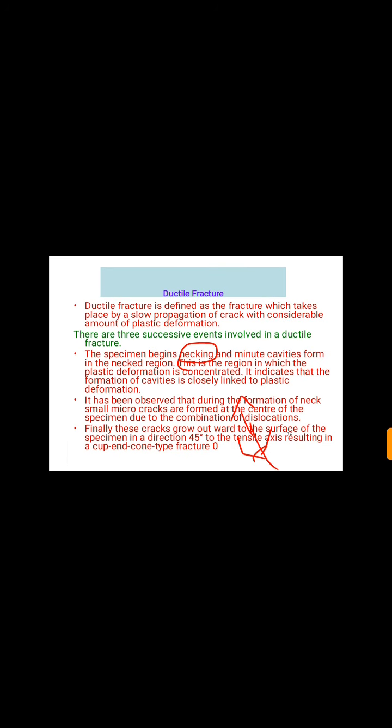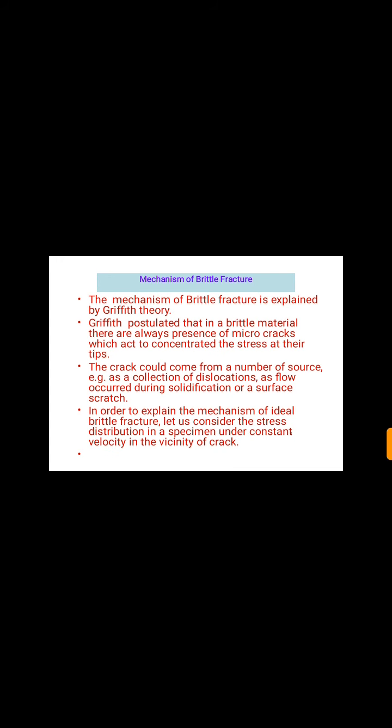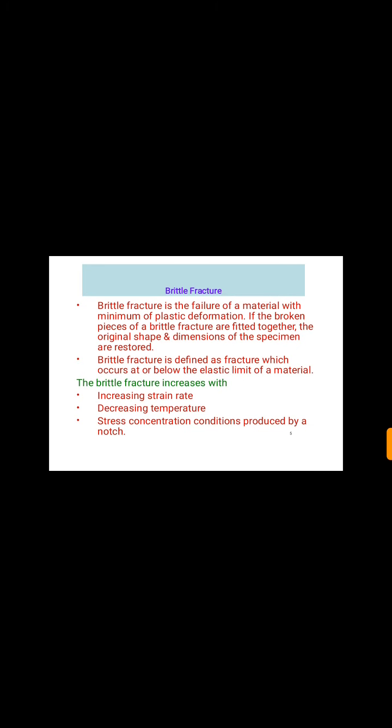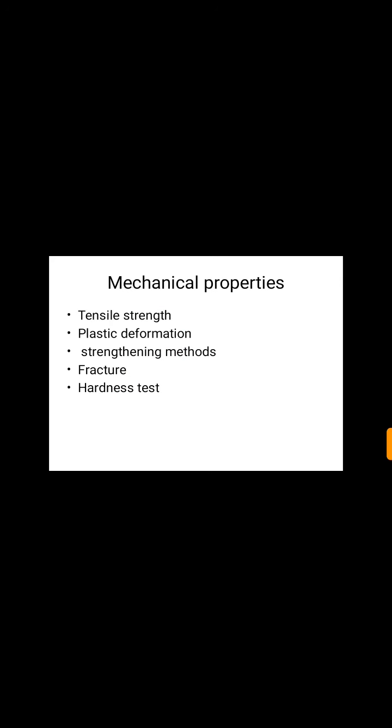The main things here are brittle fracture and ductile fracture. Brittle fracture is a failure of material without plastic deformation, whereas ductile fracture is a failure of material with plastic deformation. These are the main differences between them. I hope you understand well, and you should go through the Griffith theory.